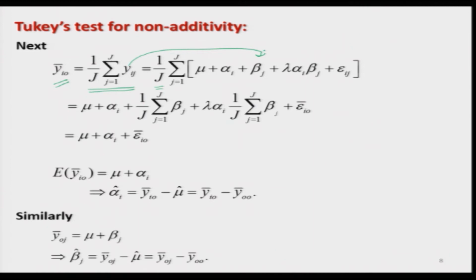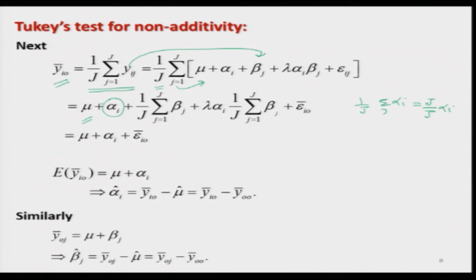When you take this summation sign inside the bracket, the first term will remain as mu, no problem. The second term will be 1 over j summation over j of alpha I. So this becomes j upon j times alpha I, which is simply alpha I.